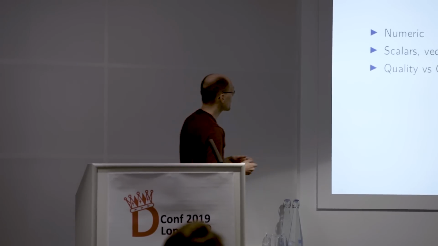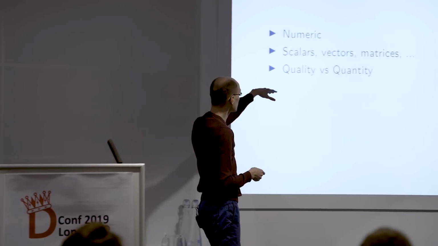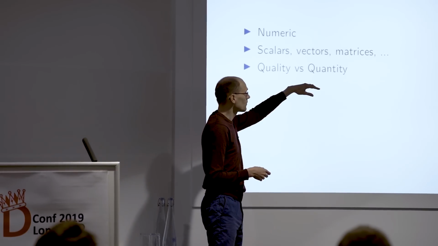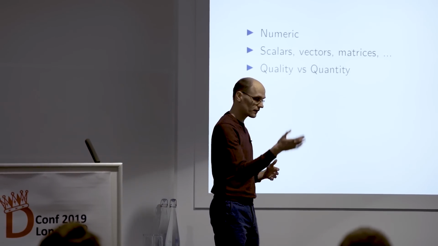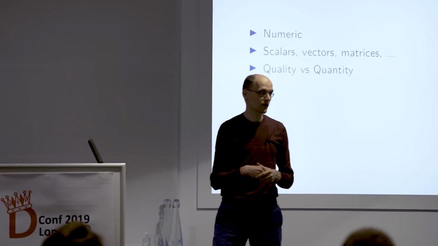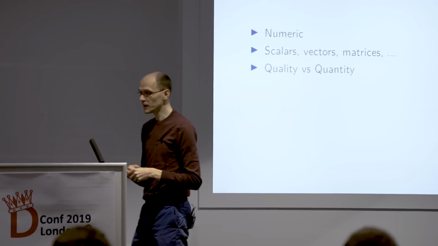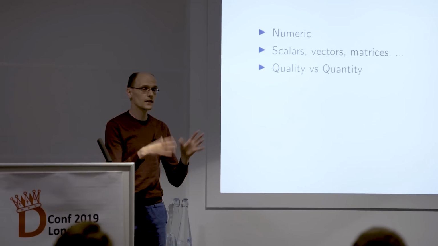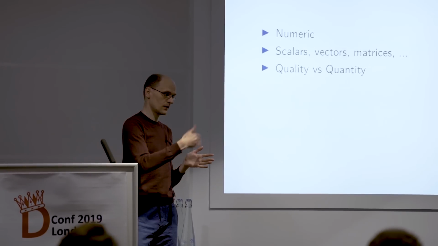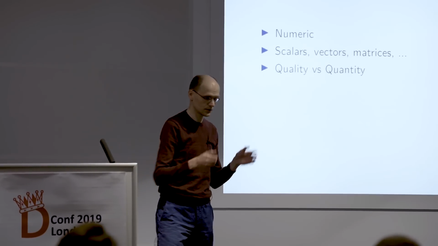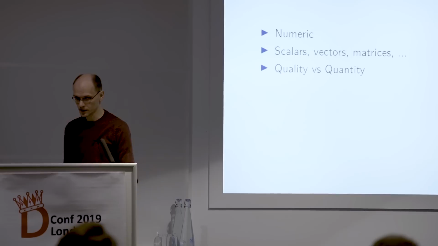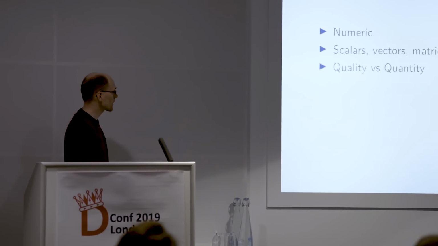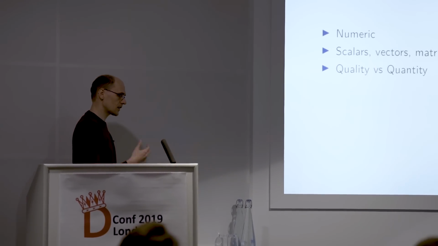Okay, and these things usually come in different forms. They come in scalars, vectors, or matrices, or even higher level, where they use the general name tensor. I mean, you could just think about it like an n-dimensional array, right? And so you can have as many dimensions as you want. There's nothing restricting you. With data also comes another thing. There's a trade-off.